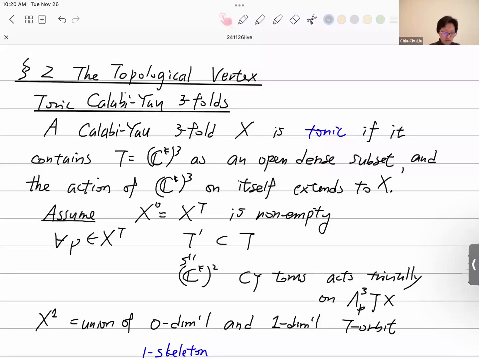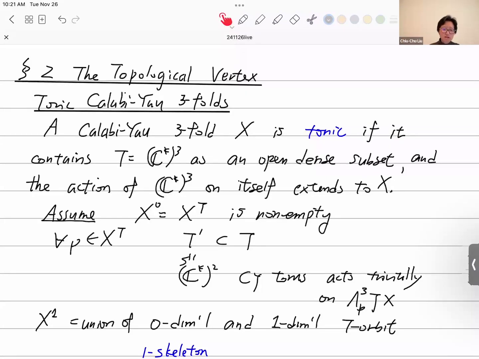So after this review of the Gromov-Witten theory, which is a mathematical theory of a model of topological string theory, let's specialize to toric Calabi-Yau threefolds. Recall a Calabi-Yau threefold is toric if it contains the three-dimensional algebraic torus. From now on, until the end of this talk, capital T will always be C star cubed.